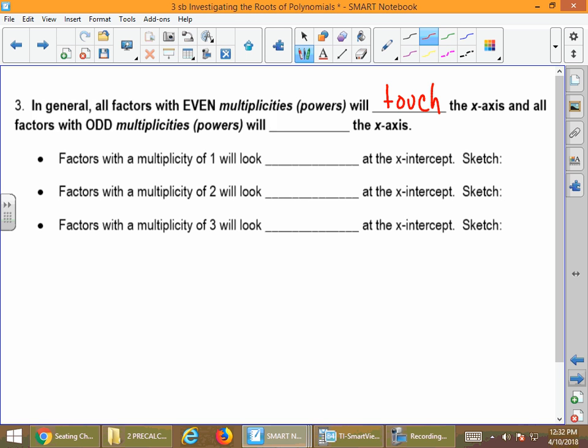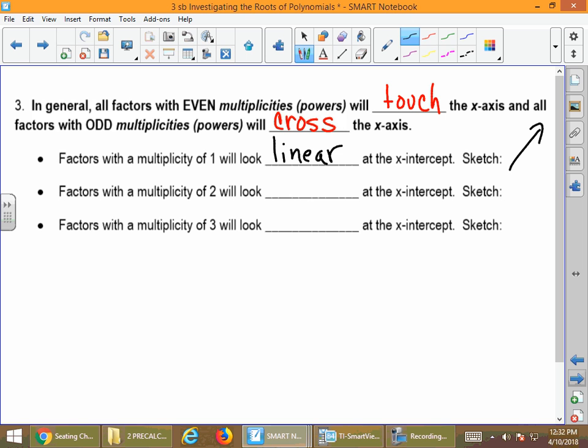And factors with odd multiplicities, 1, 3, 5, are going to cross the x-axis. When we have a factor with a multiplicity of 1, it's going to look linear at the x-intercept.